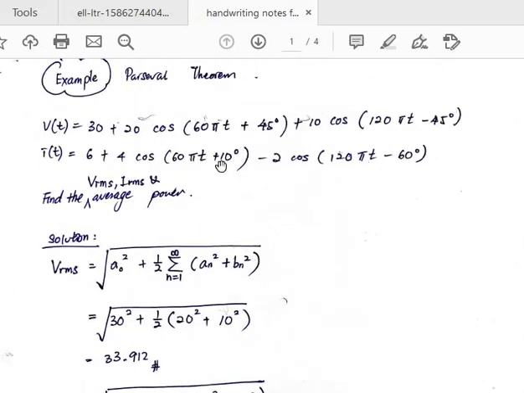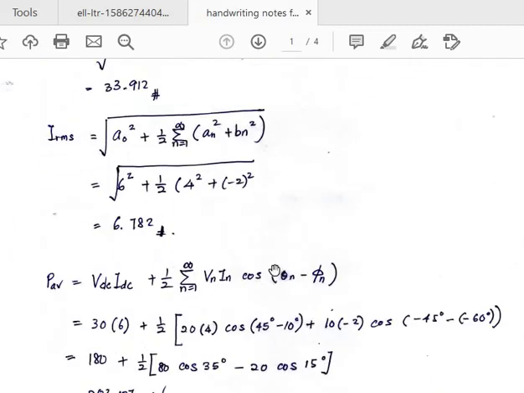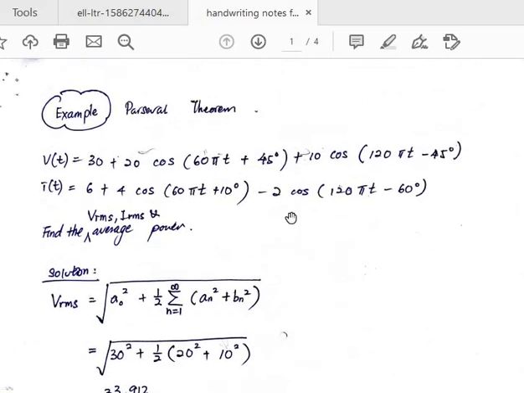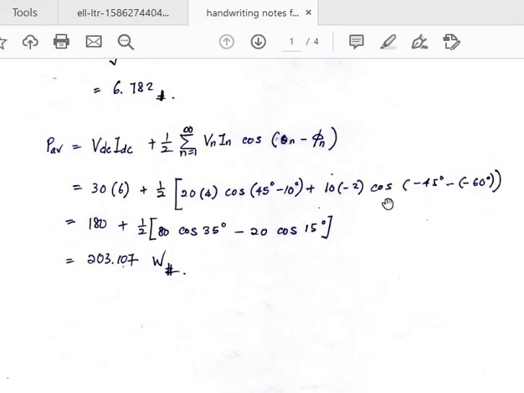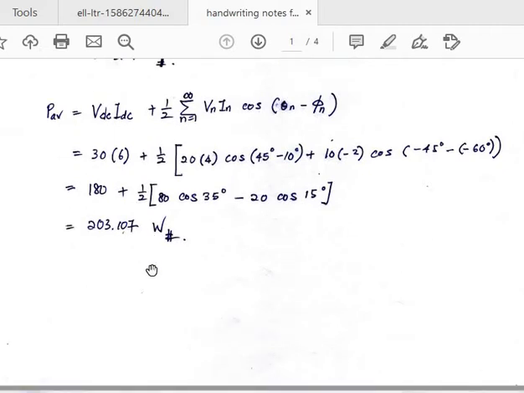Then plus 10 times minus 2, with the angle negative 45 minus negative 60. This is the second part. When you solve it, you get 203.107 watts.